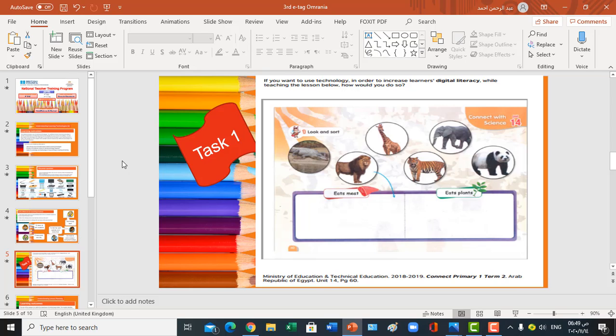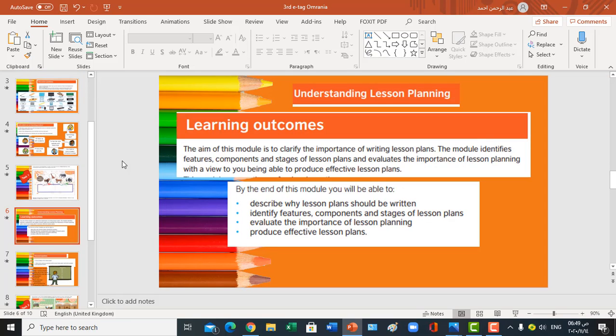Here it asks if you want to use technology to increase learners' digital literacy while teaching the lesson below, how would you do so? I am waiting for your participation. This is about teaching animals or the zoo from Primary 1 Term 2 Connect. Alright, let's move to the next part of our session.